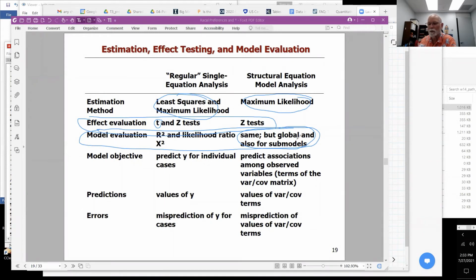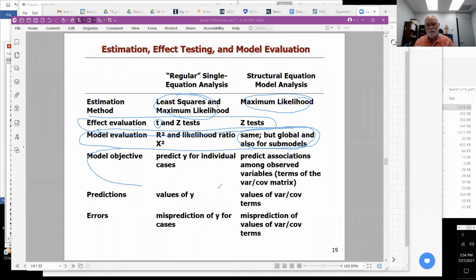There's one global model evaluation, and that's an evaluation of all the equations simultaneously. And that's usually important because you gain an ability to test certain things if you're testing the entire model at once. And if you only go equation by equation, you lose some of those capabilities.